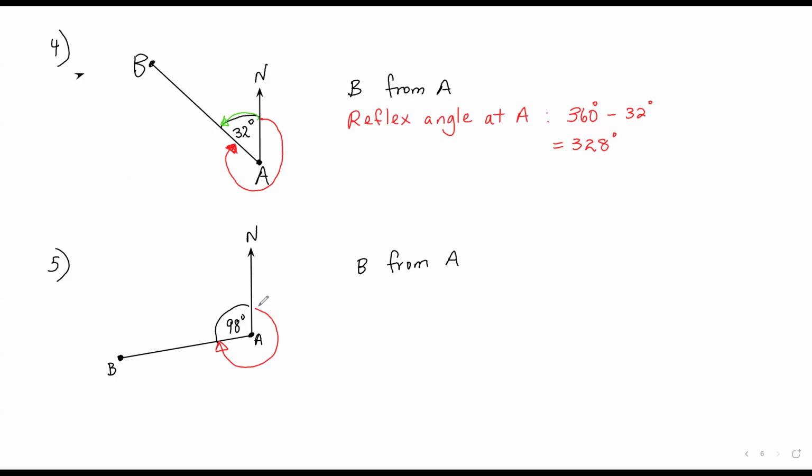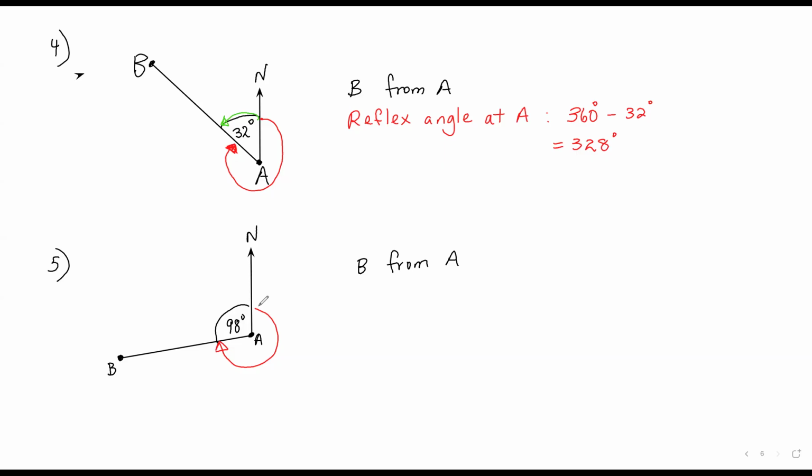The reason I'm using the words reflex, obtuse, acute is because I want you all to remember those words. You learned that maybe in standard 4. An acute angle is an angle that is less than 90 degrees, so anywhere between 0 and 90. A right angle is 90 degrees. An obtuse angle is more than 90 degrees but less than 180.